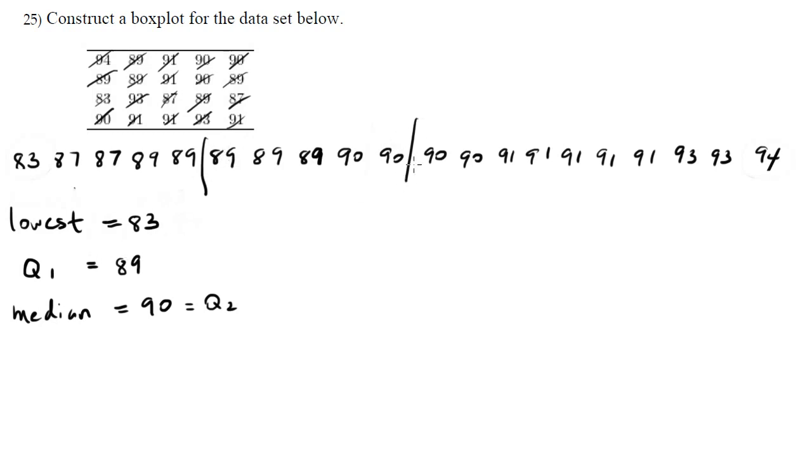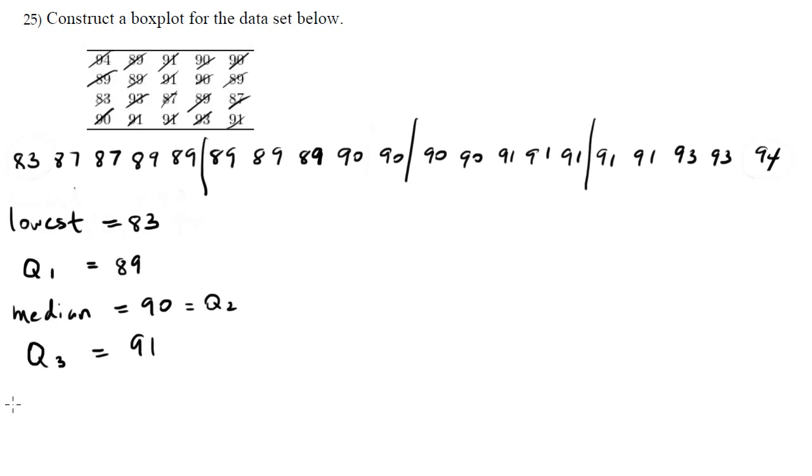So the median is 90, and the median of the segment below the median, or Q1, is 89. The median of the segment above 90, these values here, 1, 2, 3, 4, 5, is 91, right in between these two values. So Q3 is 91.